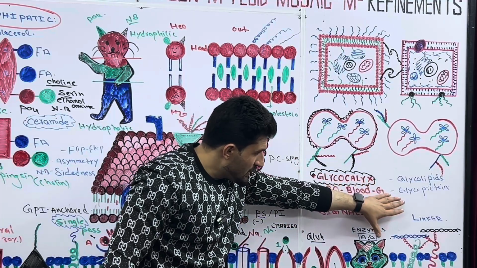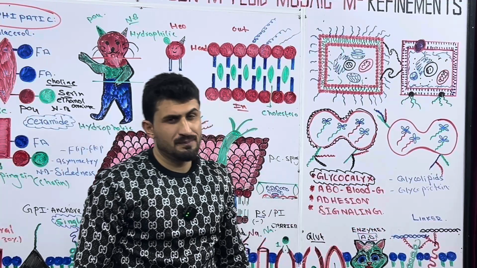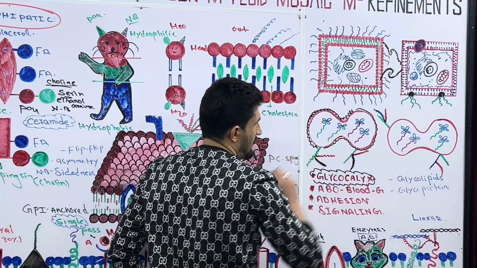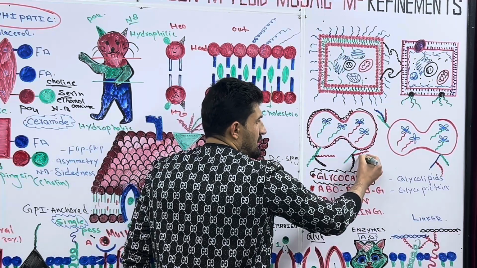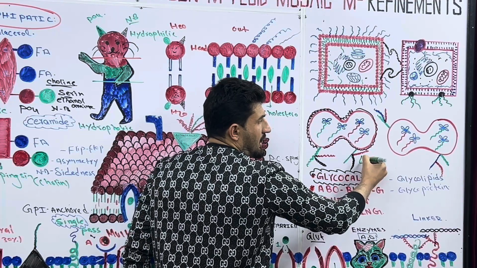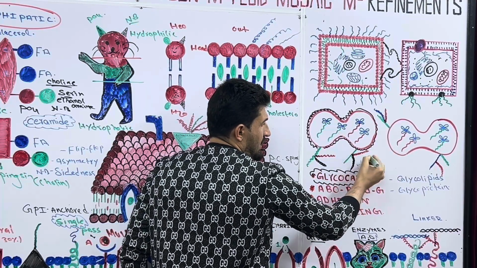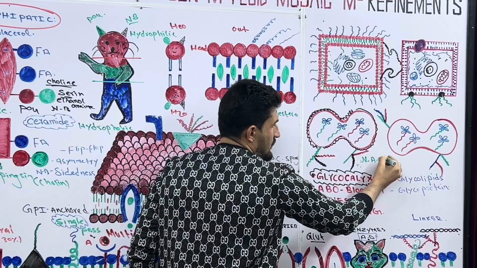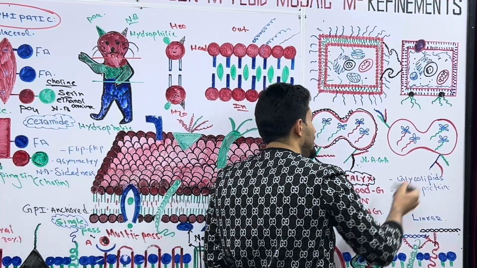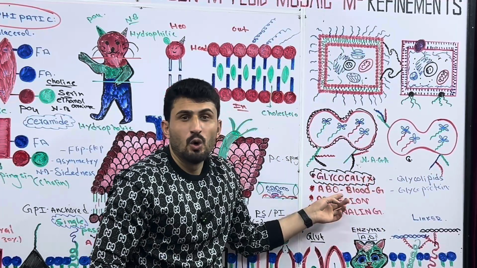Another important function of carbohydrates is that they have a role in the ABO blood group system that we've studied in RBC, okay? For example, this is an RBC. In some types of RBC, we have some types of carbohydrates, for example N-acetylgalactosamine, and some other types, for example only galactose, and these cause the ABO blood group system.